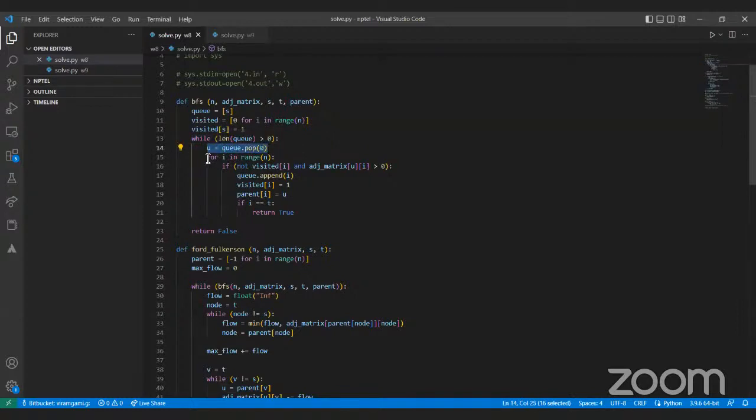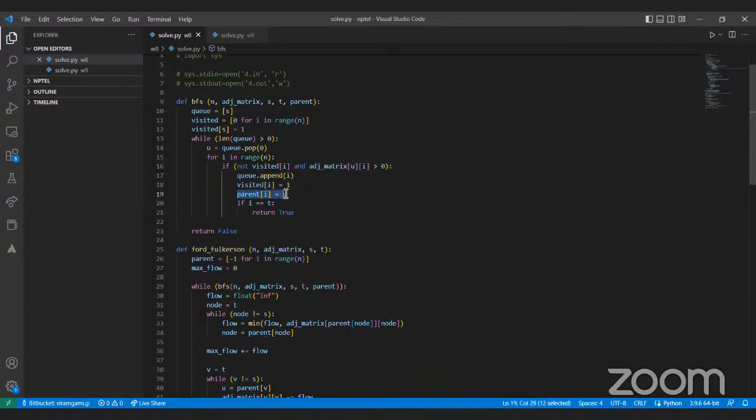Then I will go over all the other vertices, and I will see if there is an edge between vertex u and i, and it has a positive capacity, meaning flow can be transferred through that edge, and that vertex is not visited yet. Then I will add it to the BFS queue, and I will mark it as visited.